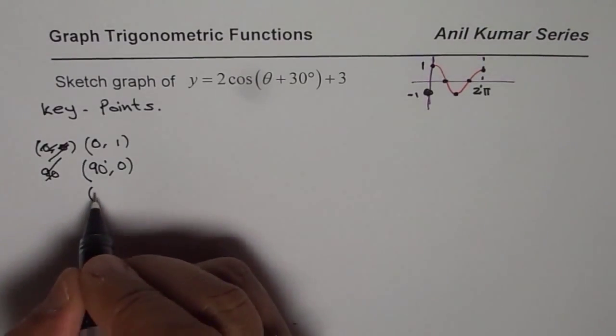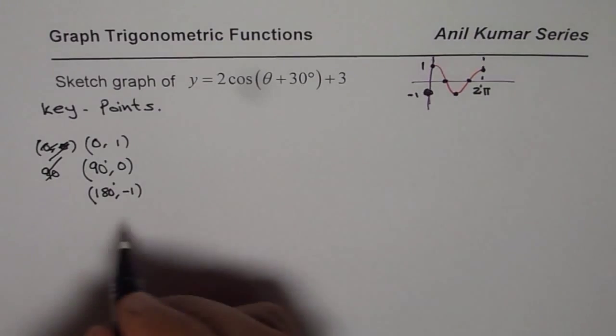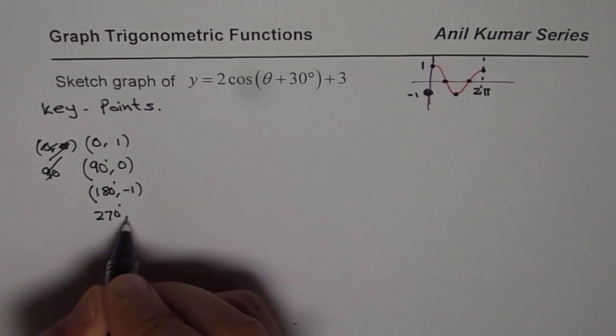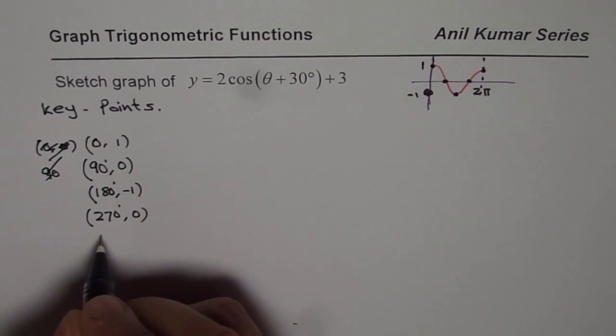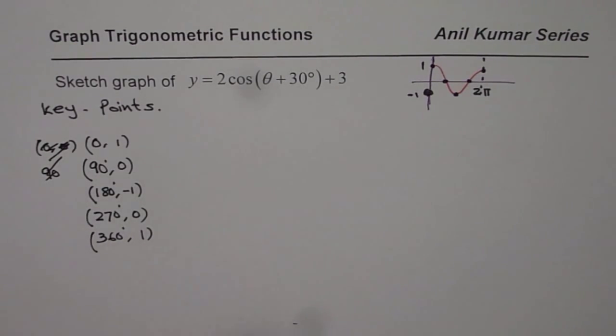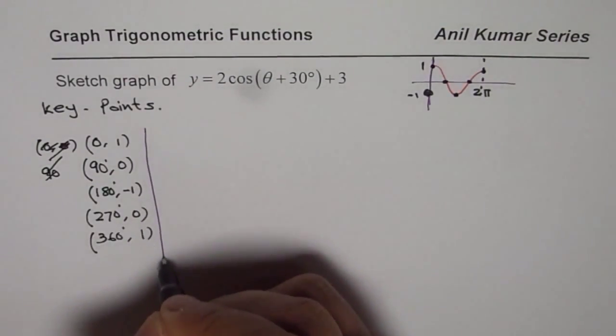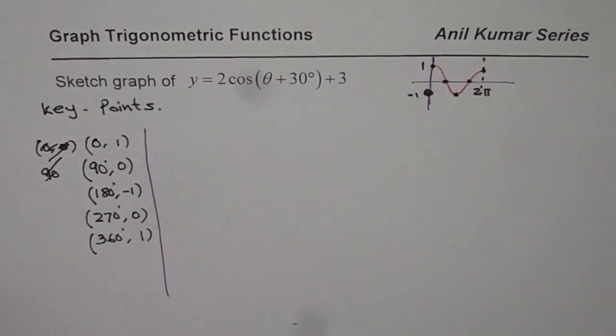And then for 180 degrees we'll have minus 1. And then for 270 degrees the value is 0, and for 360 degrees it is maximum 1. So these are the key values which we should always consider when sketching cosine function.